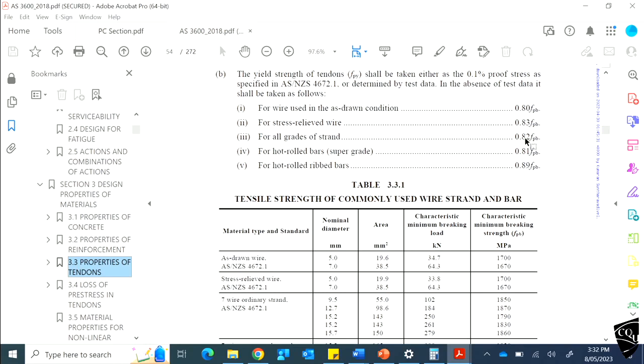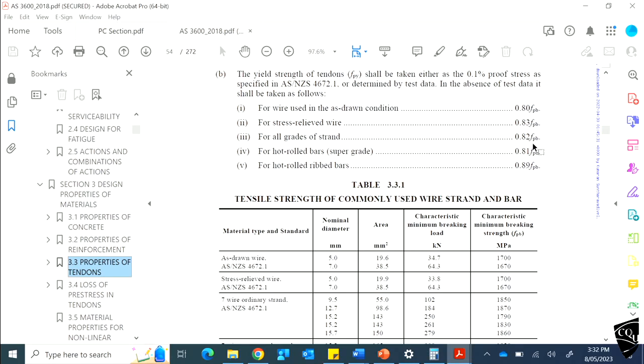PB is the breaking stress, where P is the pre-stress and B is the breaking. The yield stress PY, where P is the pre-stress and Y is the yielding. So the yielding strength is given by 82% of the breaking stress.